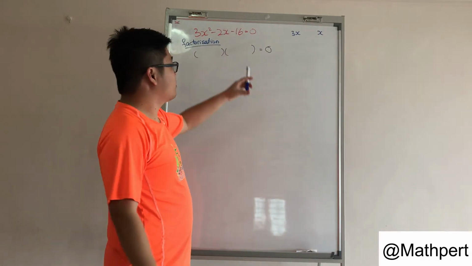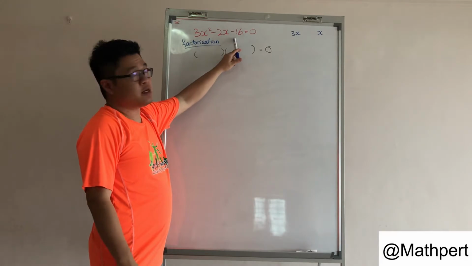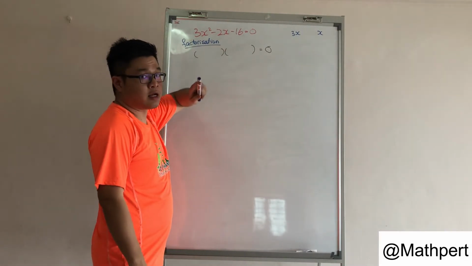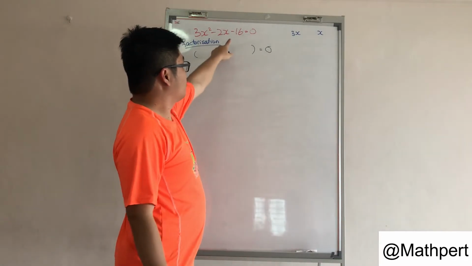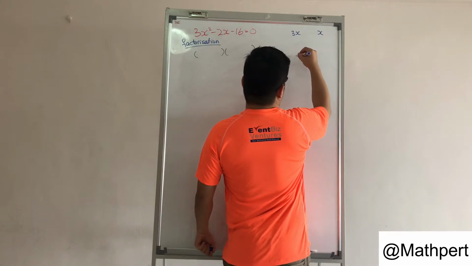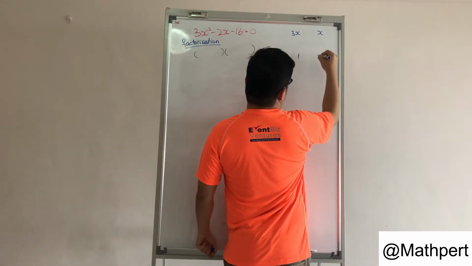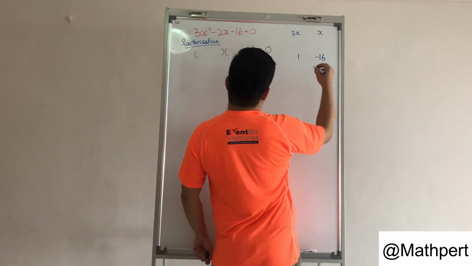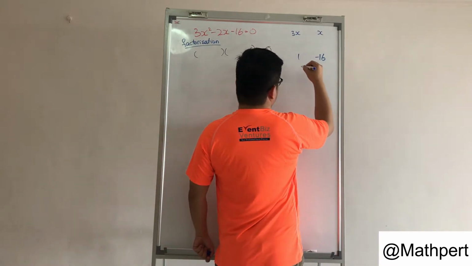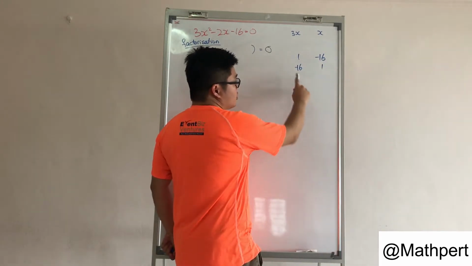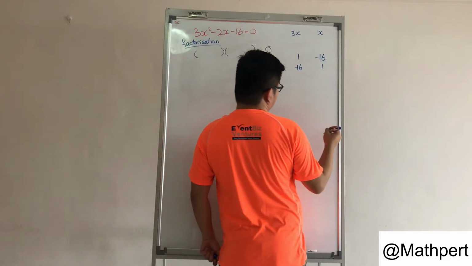Then for the second one, we find out how do we get negative 16. Bear in mind this is a negative over here. So for negative 16, we can have 1 multiply negative 16 equals negative 16. Negative 16 multiply 1, which is the same thing, equals negative 16.